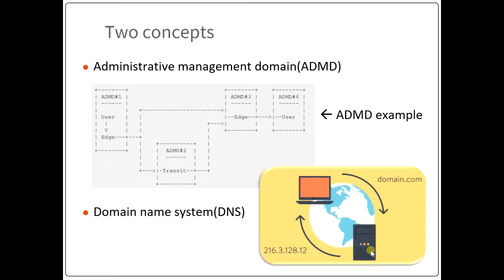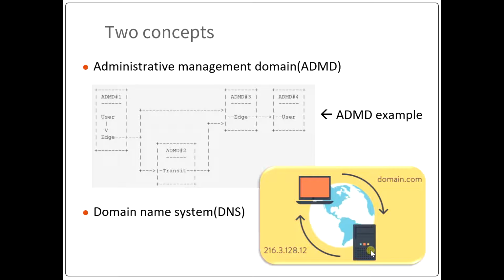Basically each ADMD can have different operating policies and trust-based decision making. For example, you have a distinction between mail that is exchanged within an organization and mail that is exchanged between independent organizations. So the rules for handling the two types of traffic tend to be quite different.